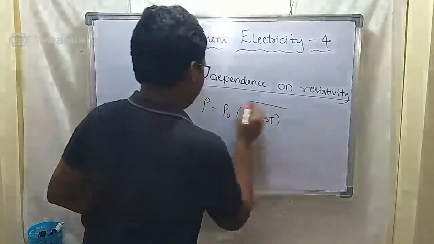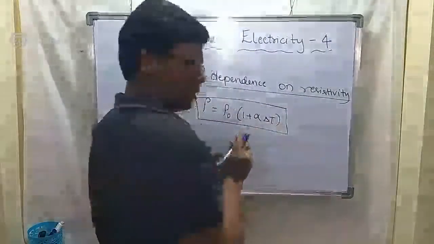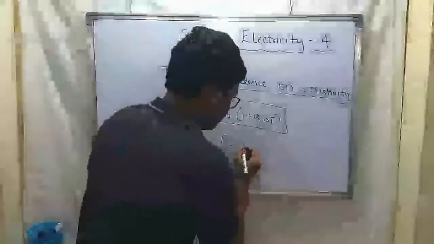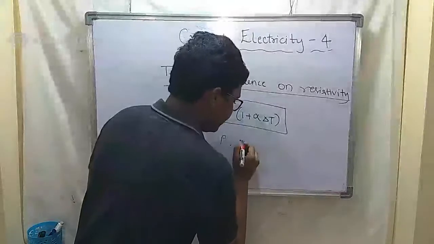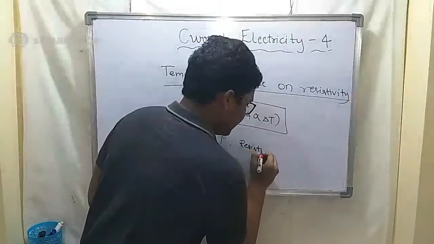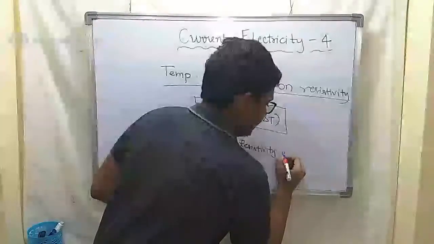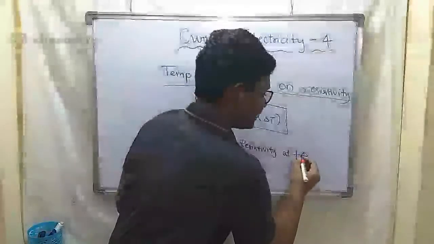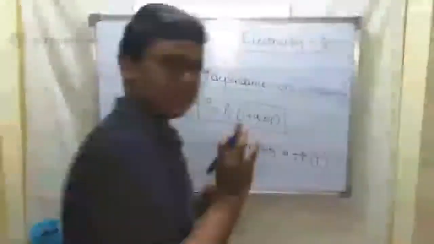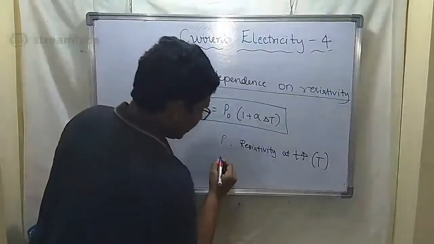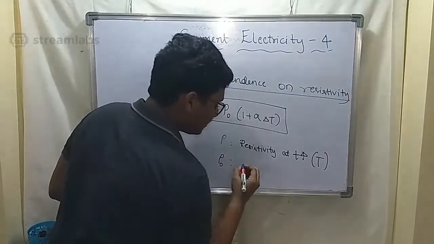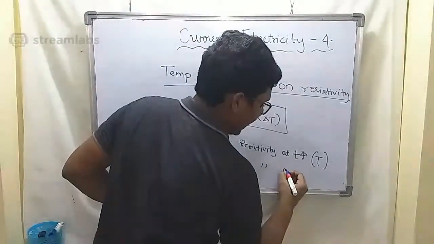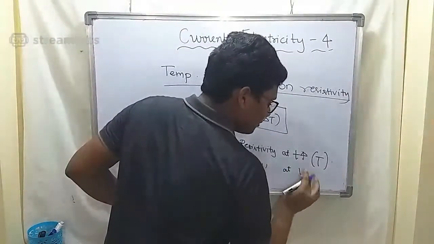I forgot to write. Okay, this rho is the resistivity when the temperature is increased, at that temperature we'll take as T, and rho naught is the resistivity at normal temperature.